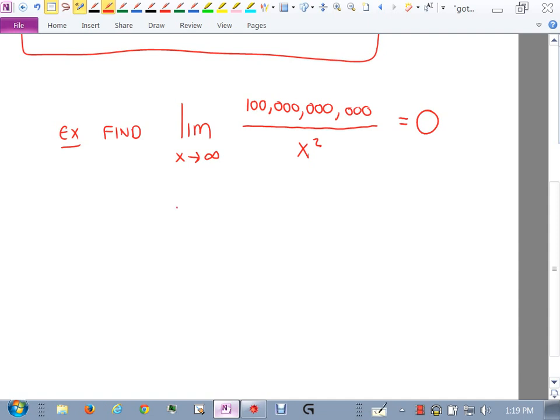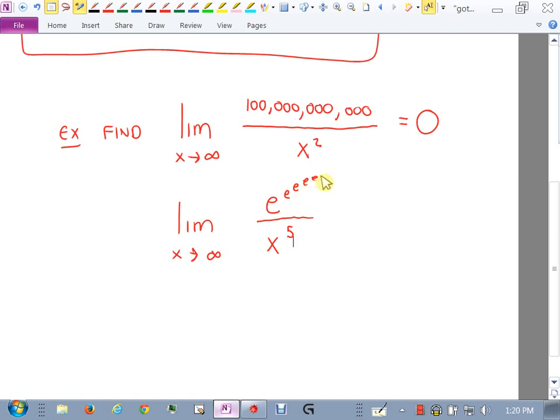Now, according to the formula in the notes, this should happen no matter what's going on up top. I'll just put e to the e to the e to the e to the e over x to the fifth power. E to the e to the e to the e to the e is just a number, isn't it?